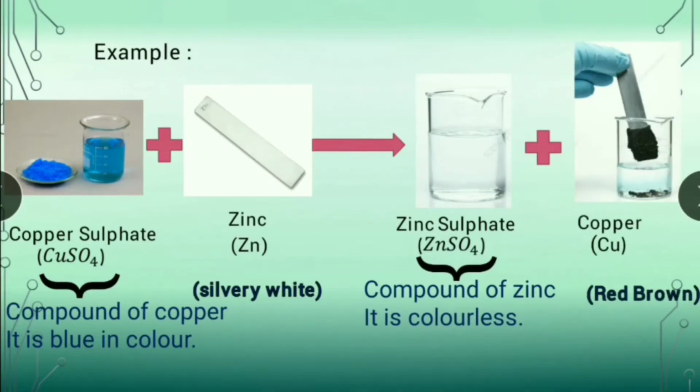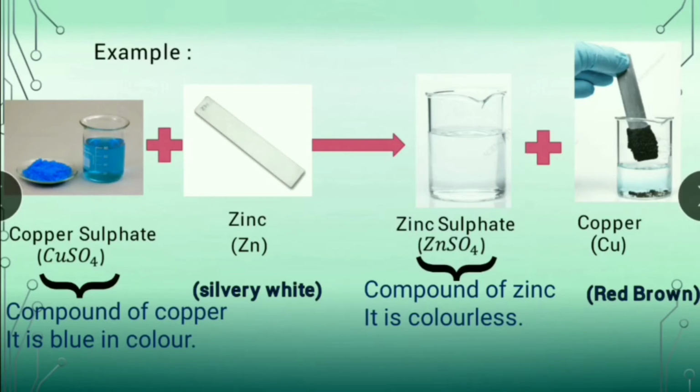Here we can see copper sulfate, which is a compound of copper and blue in color. In this copper sulfate solution, we will add zinc metal strip, which is silvery white in appearance.